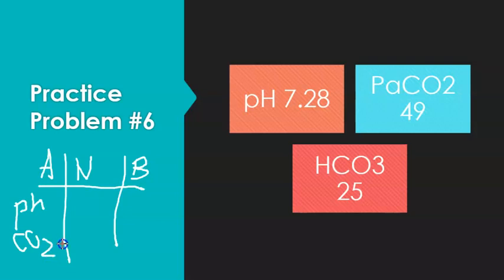And then our bicarb, or the HCO3, is 25, which is a normal range for that. So first we identify our process, which our pH and our CO2 are in the same column, making this a respiratory acidosis. And because our bicarb, or the HCO3, is still within the normal range, we have an uncompensated process. Respiratory acidosis uncompensated.